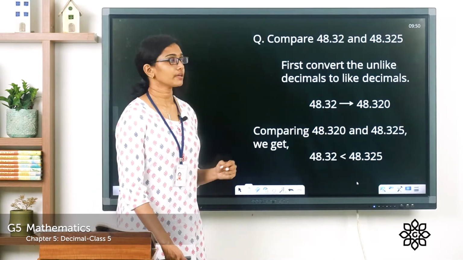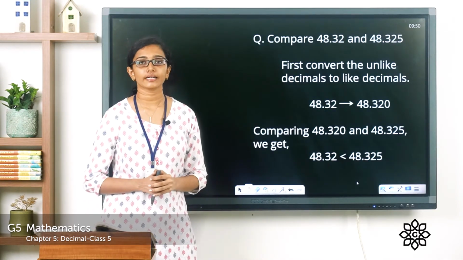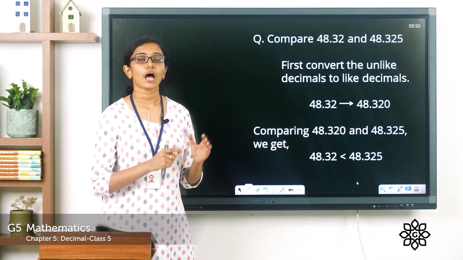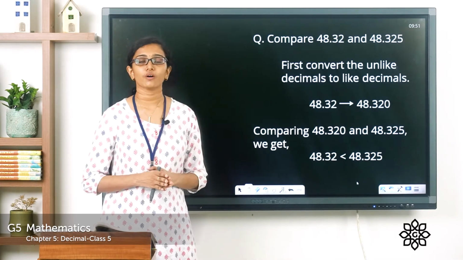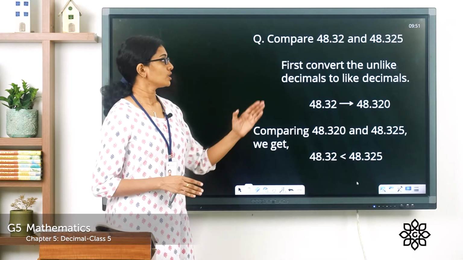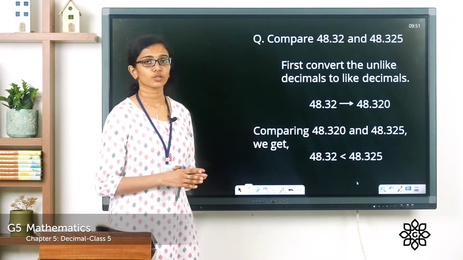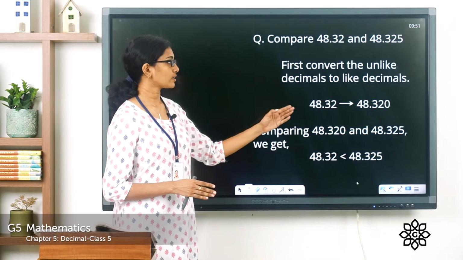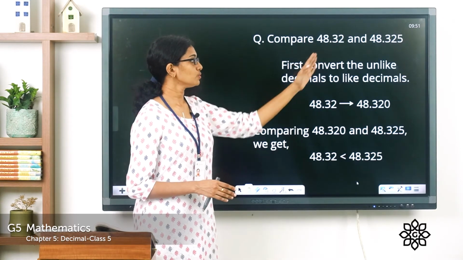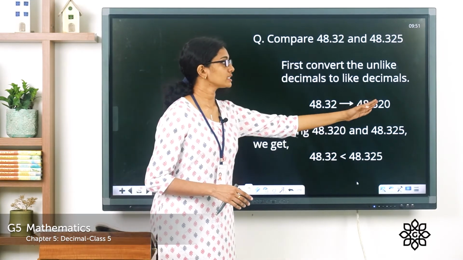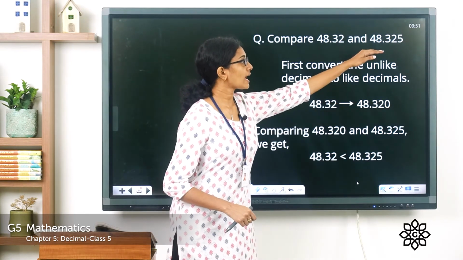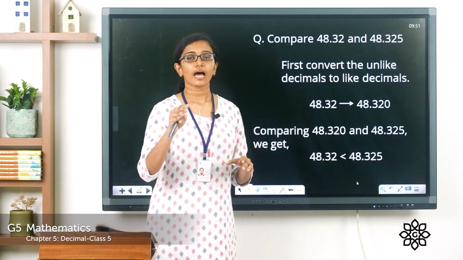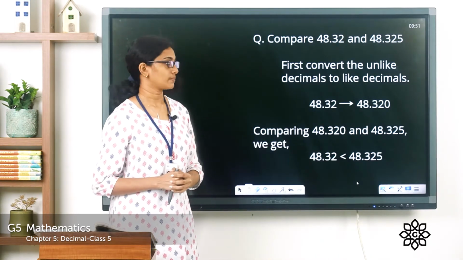The first step is to convert the unlike decimals to like decimals by adding enough zeros to the extreme right of the given numbers. So converting the unlike to like decimals, we can write 48.32 as 48.320. Now 48.320 and 48.325 have the same number of digits after the decimal point.